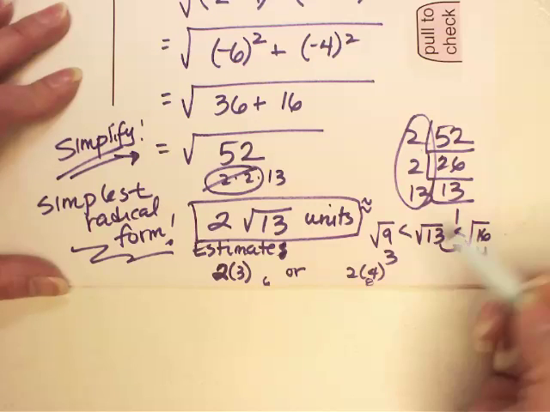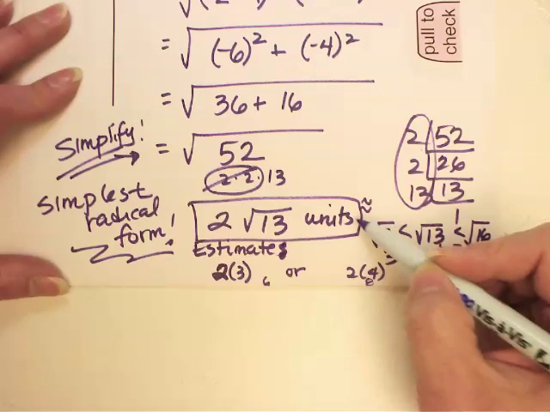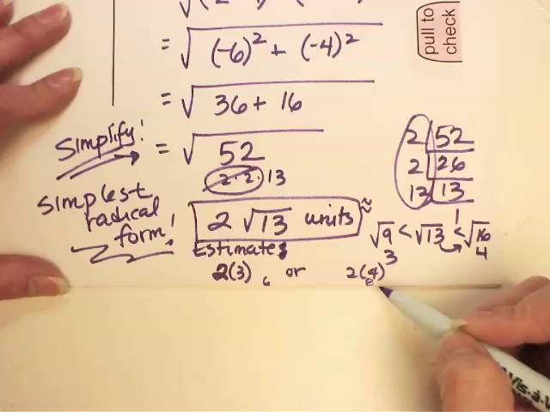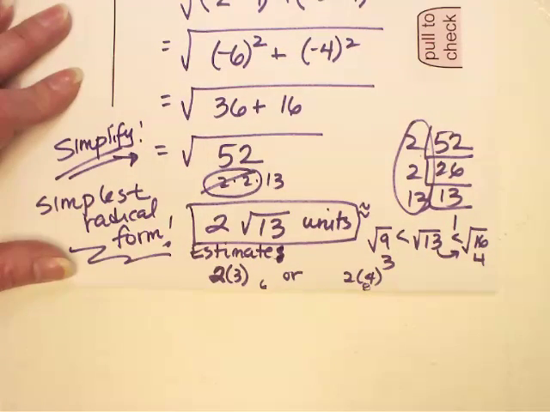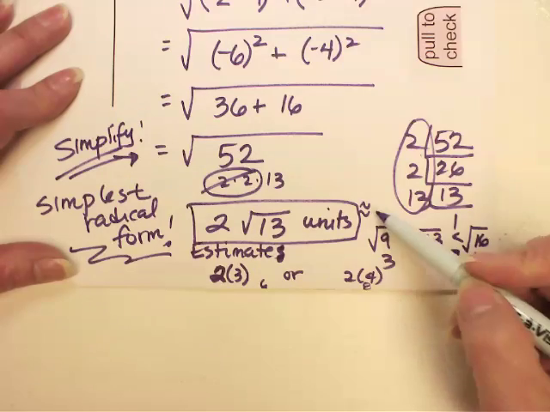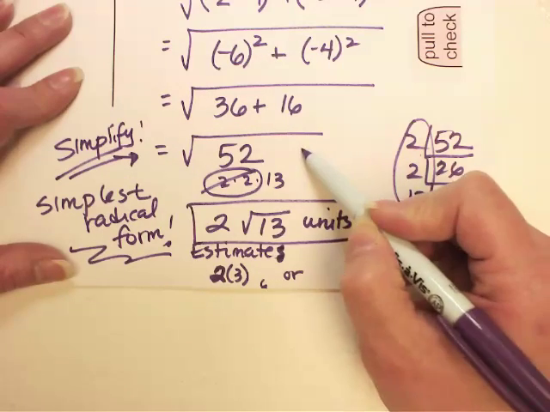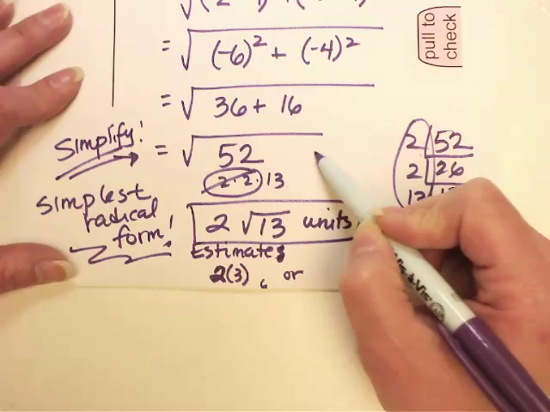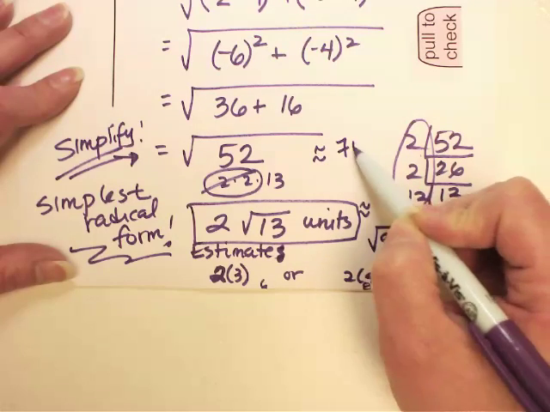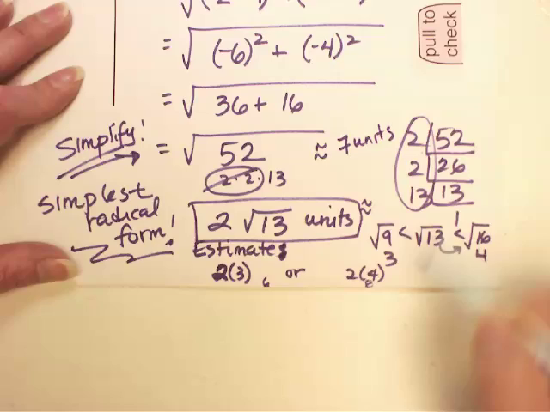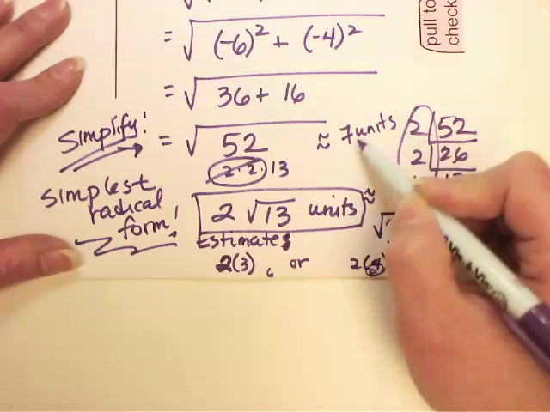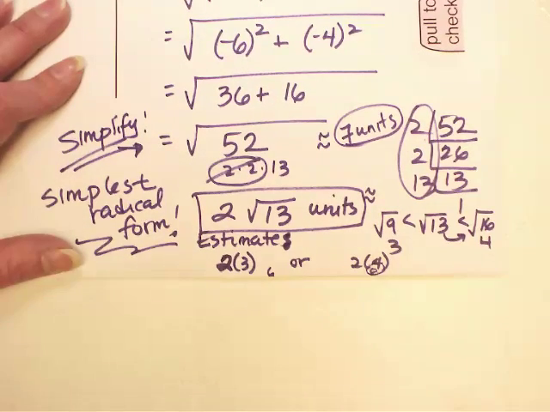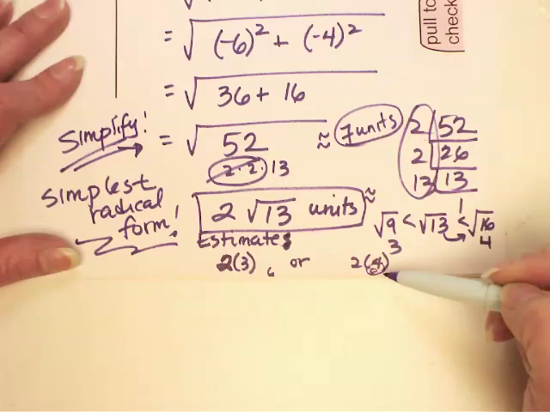I could also estimate before I do my rounding, which would probably be a better idea. So if I did that before my rounding, I would actually get a square root of 52, which is close to a square root of 49. So it could also be 7 units. Now if you take a look, I've got 8 units here or 7. What do you think would be a better estimate? 8 or 7?